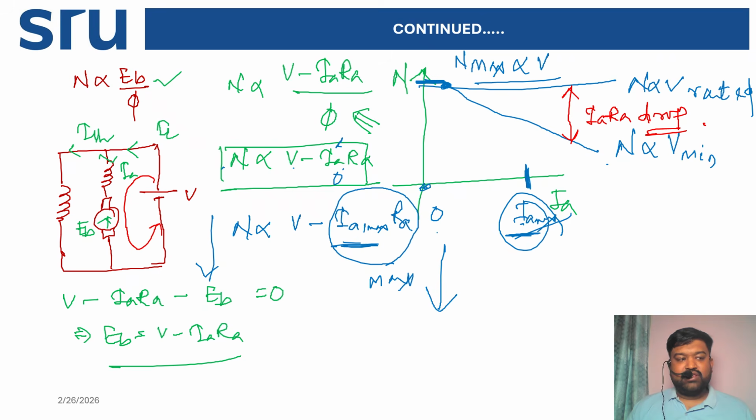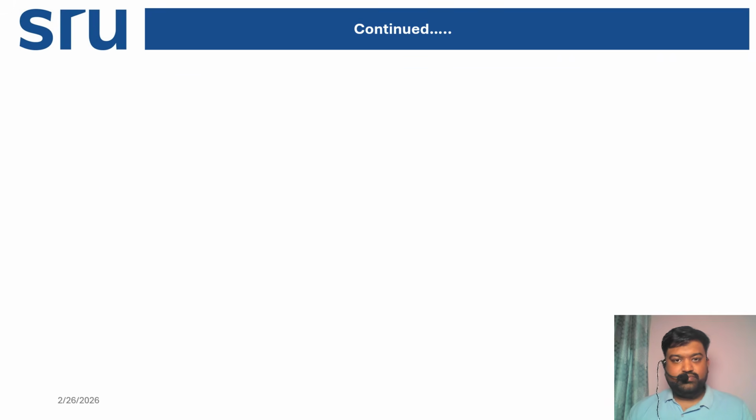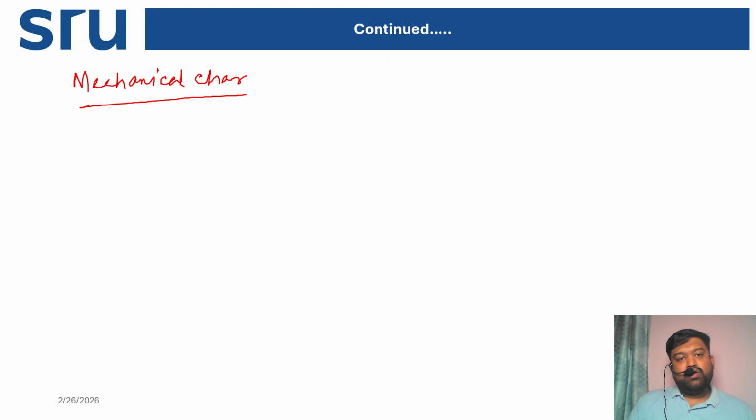Now come to the mechanical characteristics. In the shunt motor, when I am talking about the mechanical characteristics, you have to understand what the mechanical characteristics are. Then the curve is between torque versus speed, right?